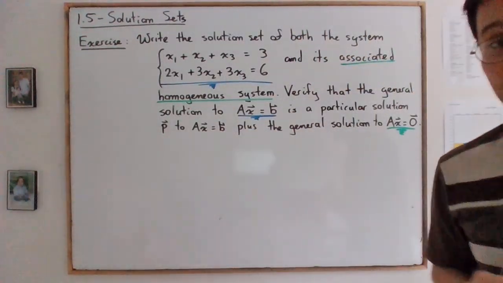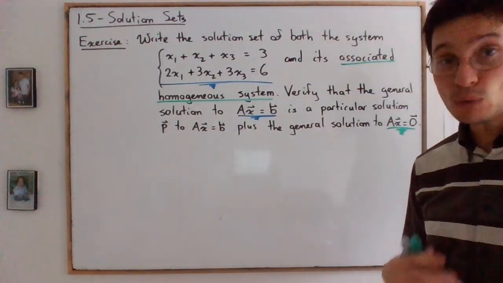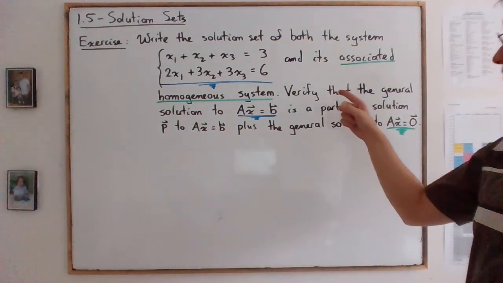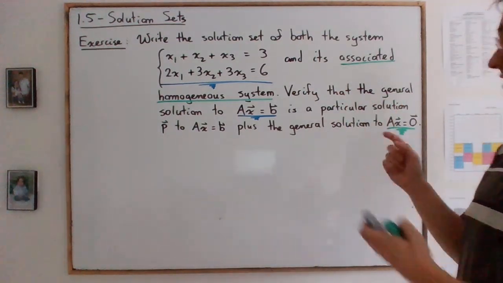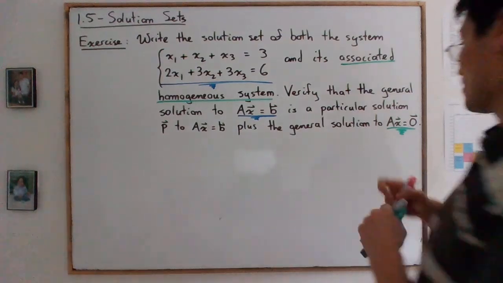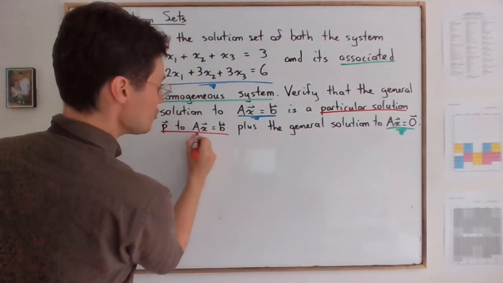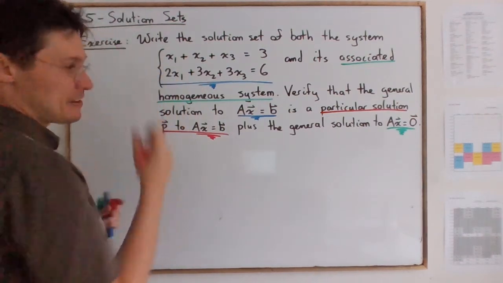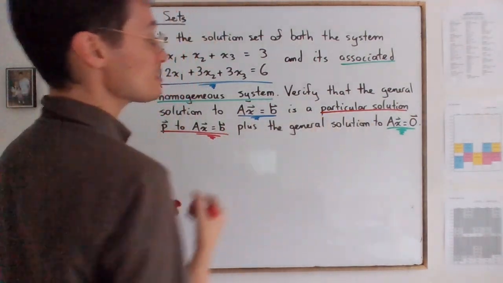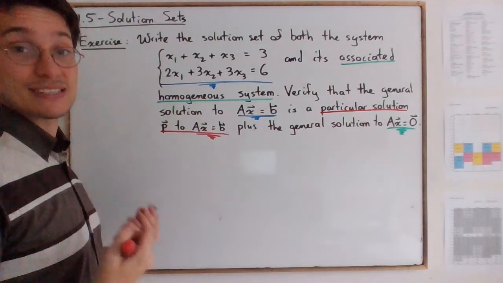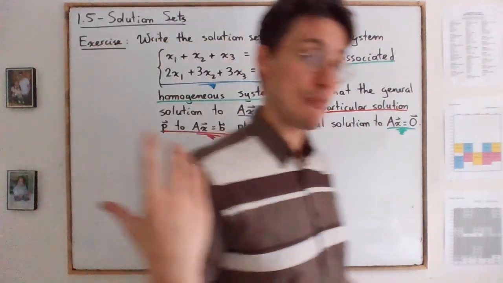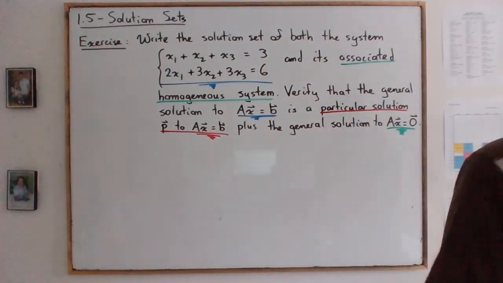So we want to write the solution set of both systems and verify that the general solution is a particular solution P to the non-homogeneous system, that's actually very important, plus the general solution of the homogeneous system. I have pretty much half the board to solve the problem, which is kind of funny.